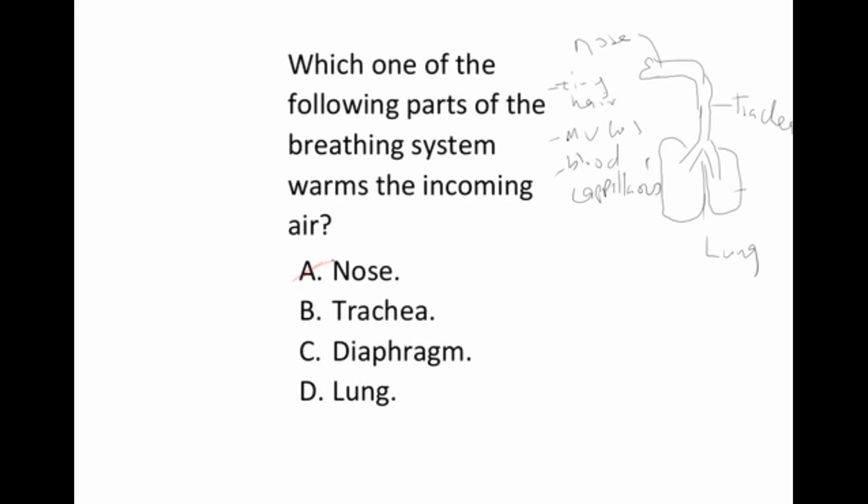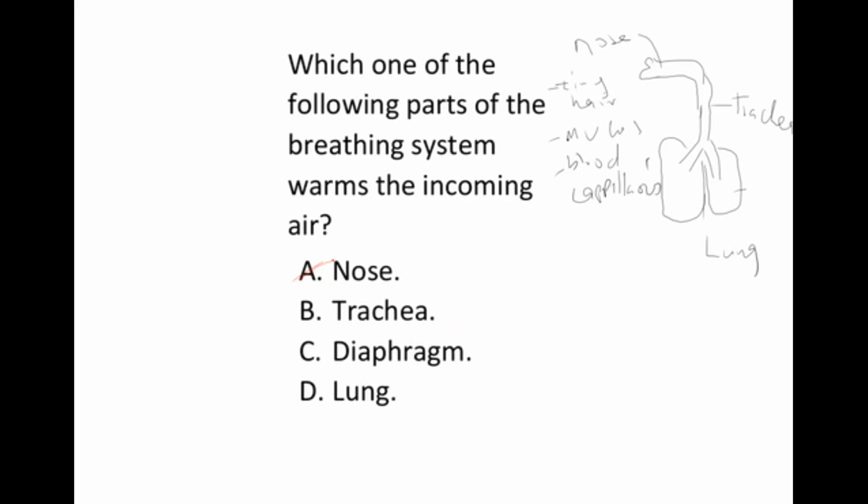That is where we have the blood capillaries that warm the air that we breathe from the heat that it gets from the lungs. In the trachea also the same happens, but rarely, because first it has to pass through the nose.